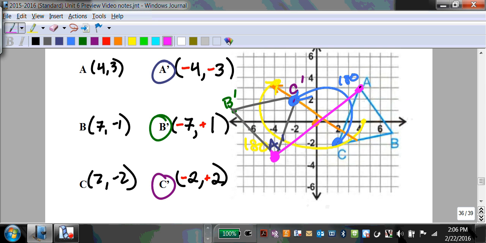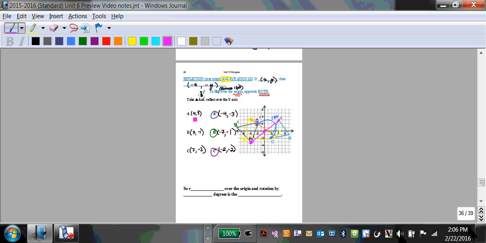It should flip over right through the origin. Either way, rotate 180. Flip over the origin is exactly the same thing. So just keep in mind, reflect over the origin and rotate by 180 is the same thing.